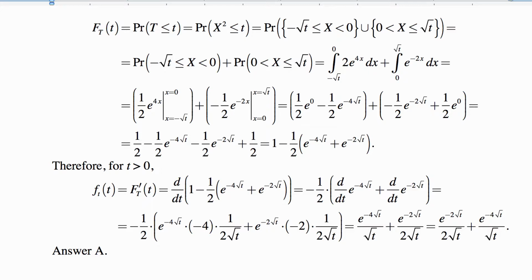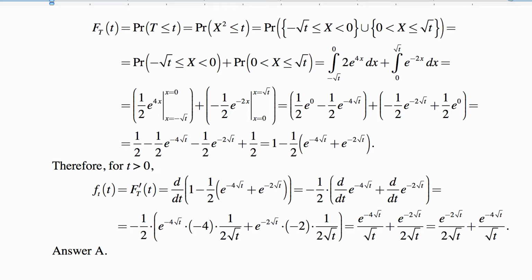Of course these are mutually exclusive events, so the probability of the union is the sum of probabilities. We calculate the probability of x being between minus square root of t and 0 using the integral of the density in that region, which is 2e to the 4x. And for x between 0 and square root of t, the density is e to the minus 2x. So we just need to calculate these two integrals.